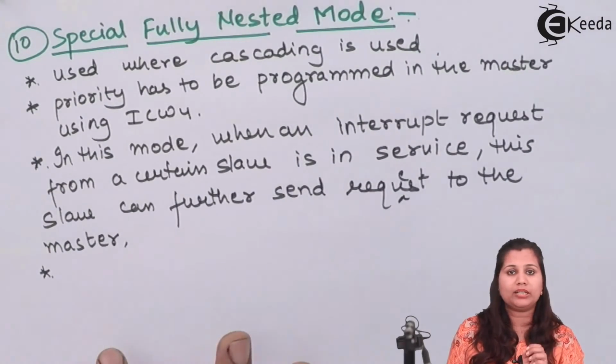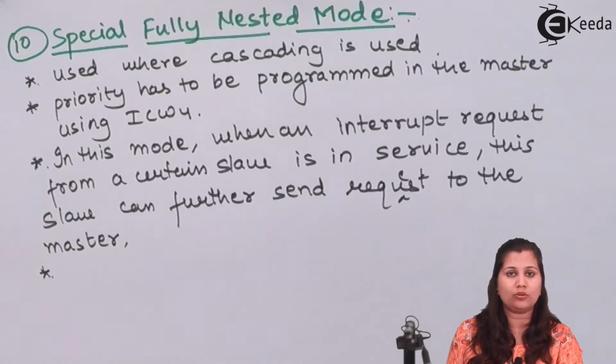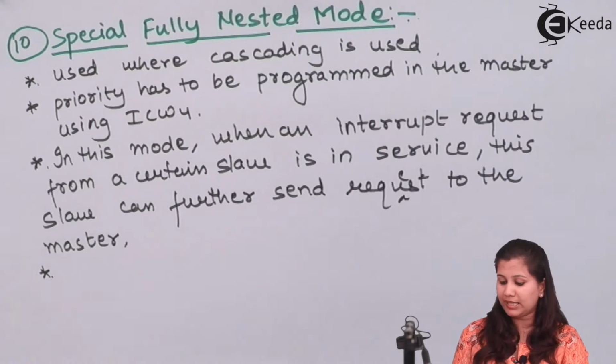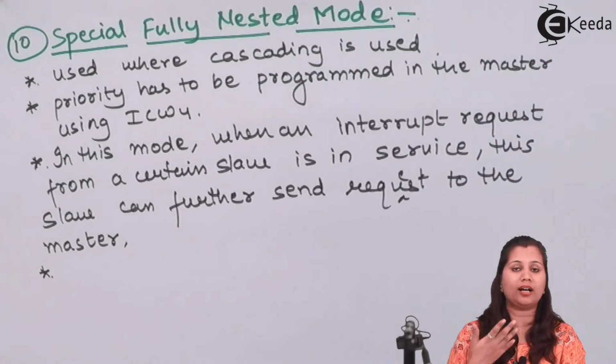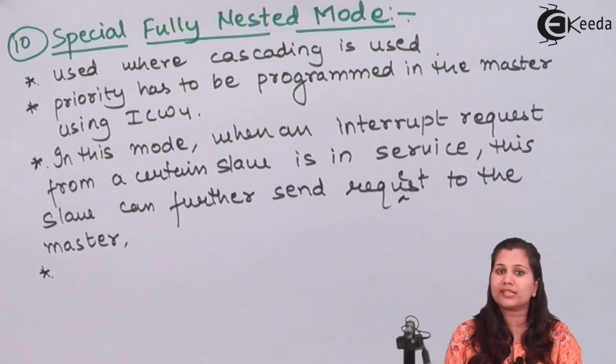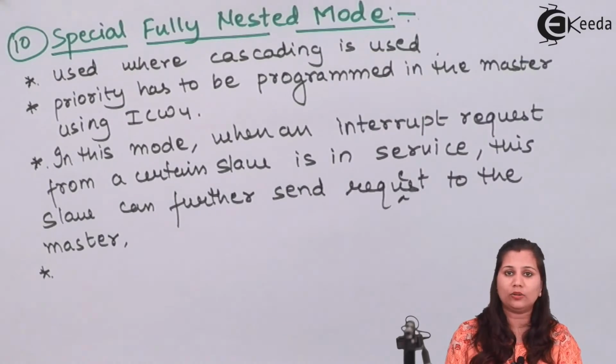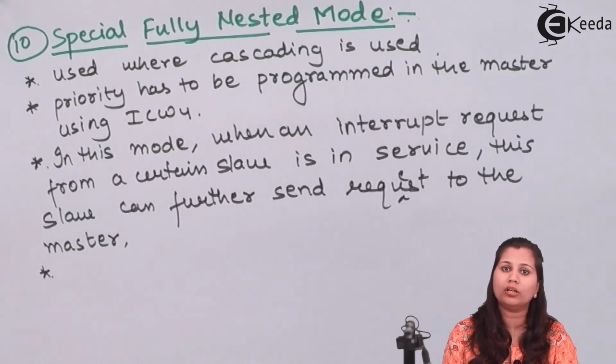At that time, the 8259 IC will check whether the end of interrupt command has been set to 0 or not. If it is not 0, it means that the slave has given another request also, so it will execute the second interrupt request, and then again check whether the EOI command is 0 or not.